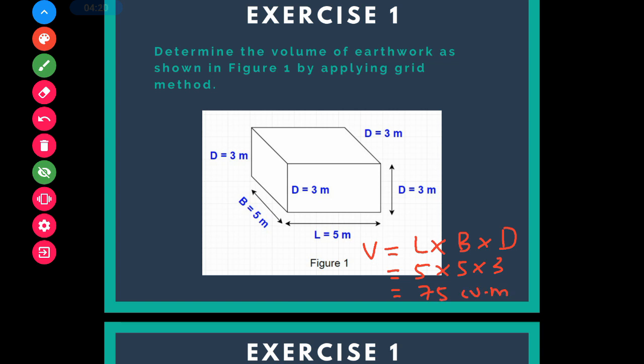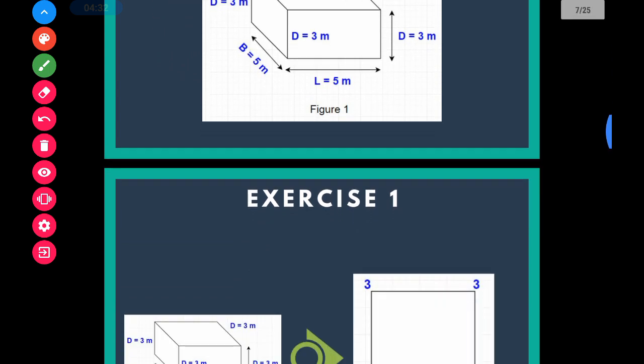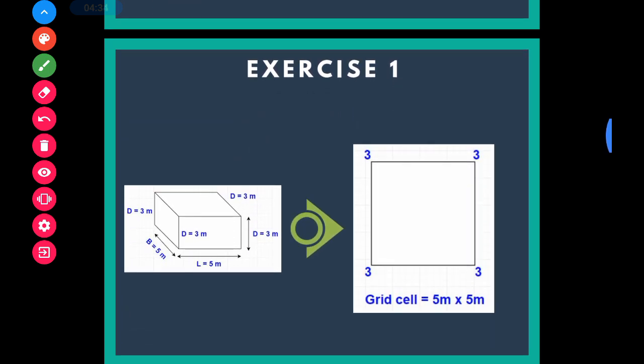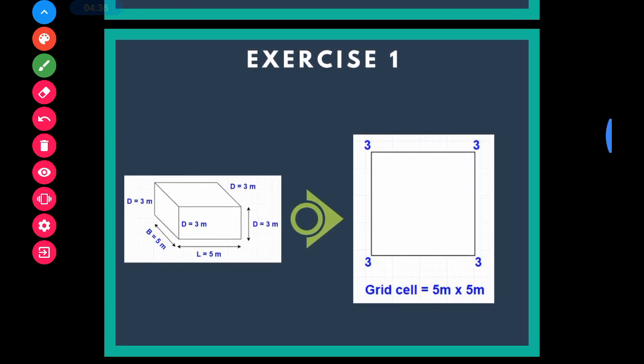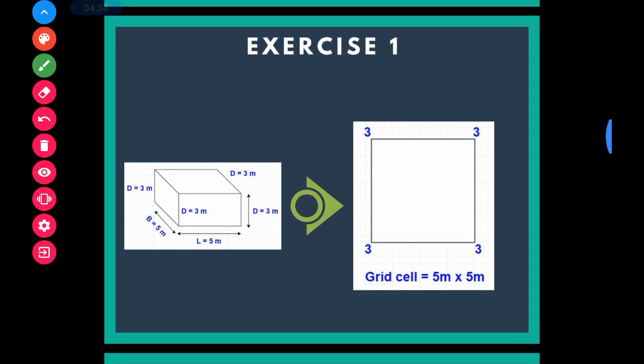So that is the volume of soil that you need to buy in order to have slightly higher ground. Other than using the normal mathematical formula, we have the alternative of using the grid method.